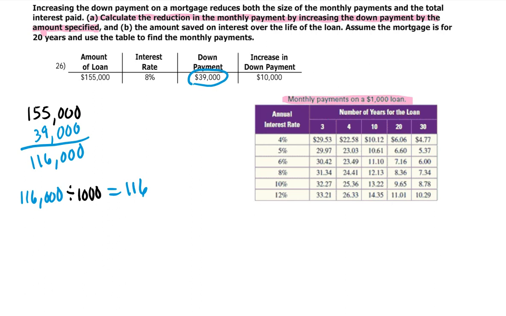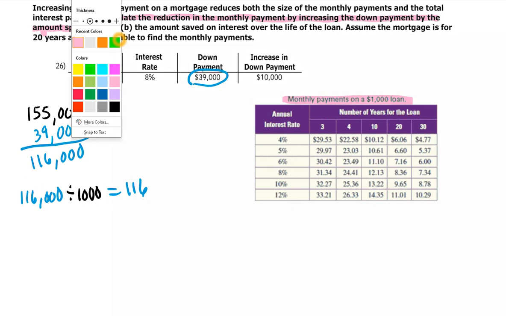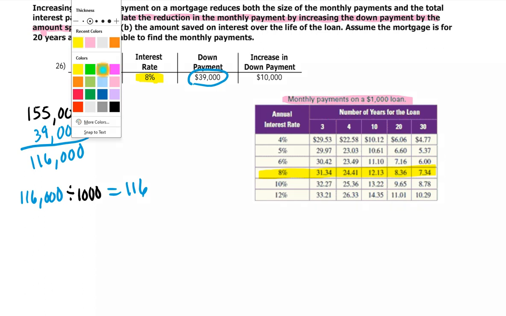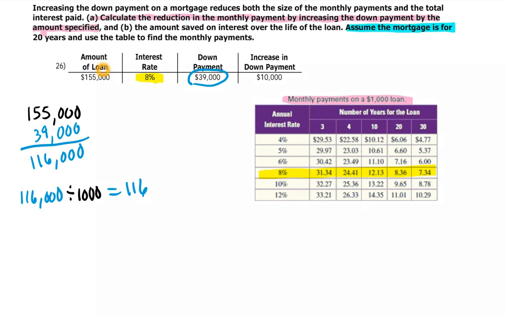All right, so for this problem, I am looking at an interest rate of 8%, which would be this row right here. And then up in the problem, it said, assume the mortgage is for 20 years. All right, so 20 is right here. So we're looking at this column.